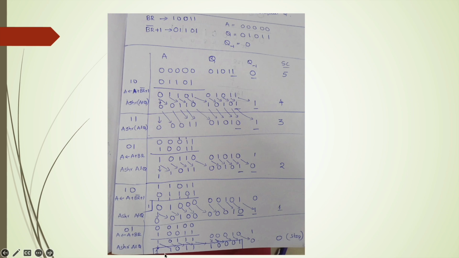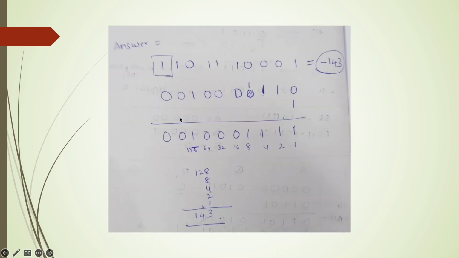My final result will be in A and Q: 1101110001. So this is my answer. Because the sign bit is 1, it means it is in complemented format. To check whether the magnitude is 143 or not, I am calculating the 2's complement of this.